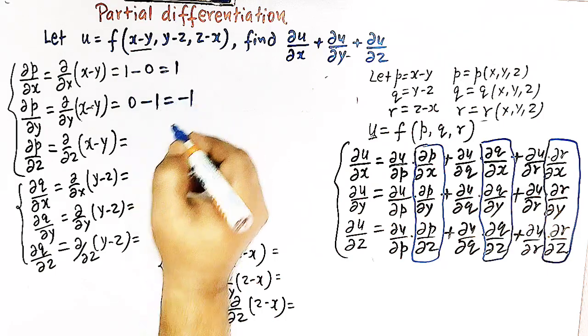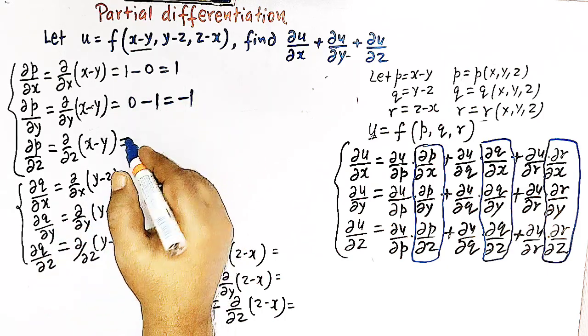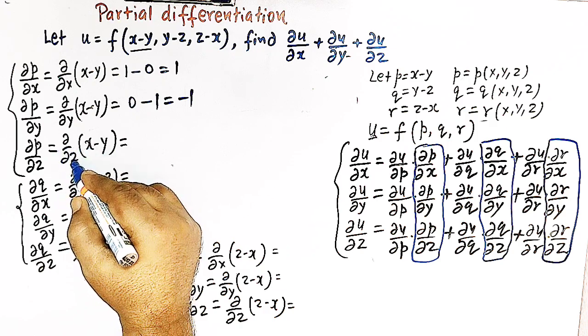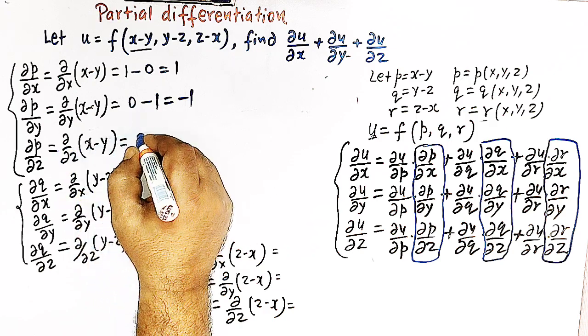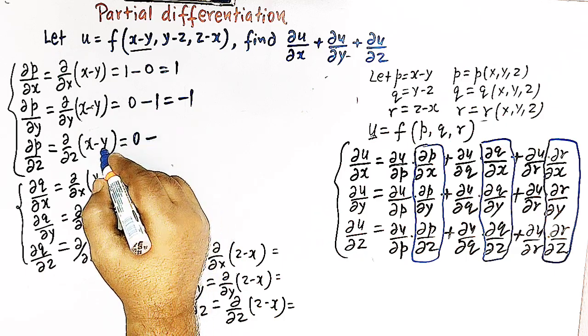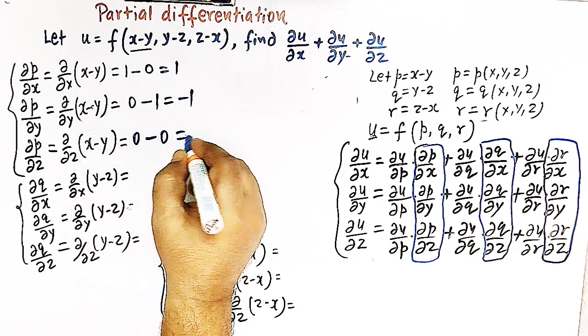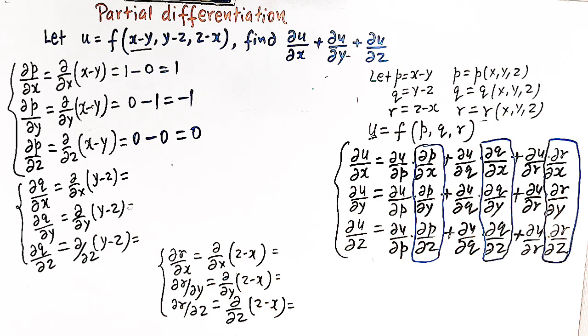So here we have minus 1, and then here the partial derivative of x with respect to z is 0. Here also the partial derivative of y with respect to z is 0. So here we have 0.